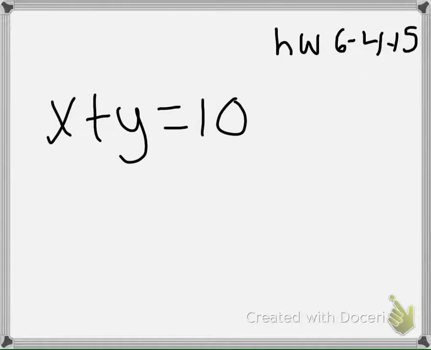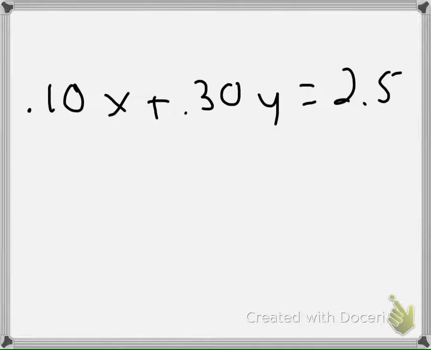25% acid. So one of the things that you do is you take the 10% and you write it as a decimal, and then the 30% and you write it as a decimal, and then the 25% acid as a decimal.